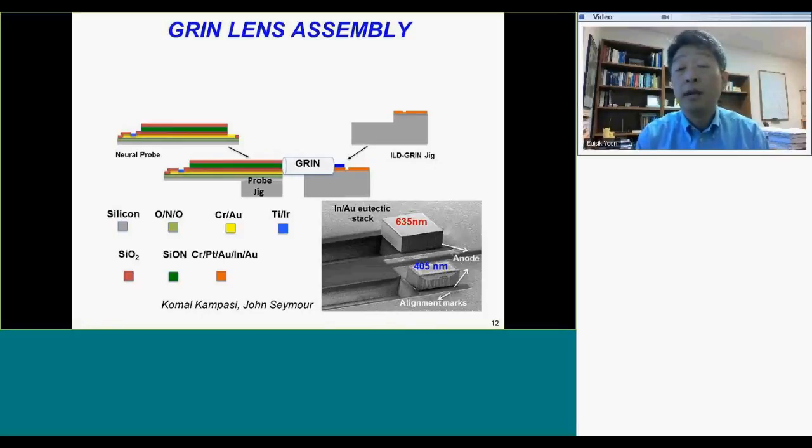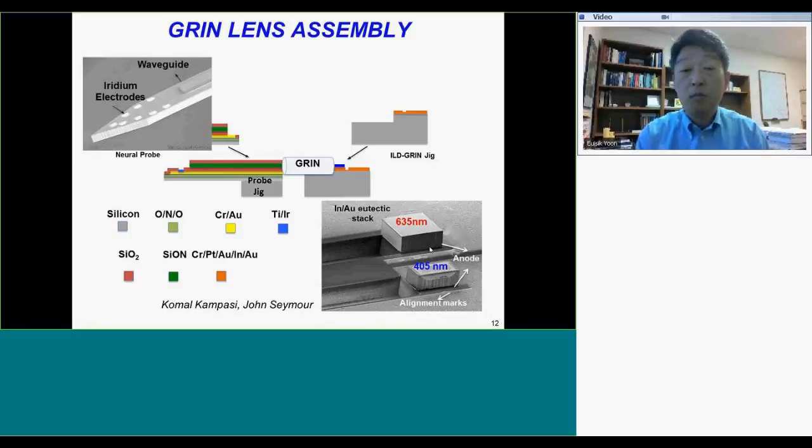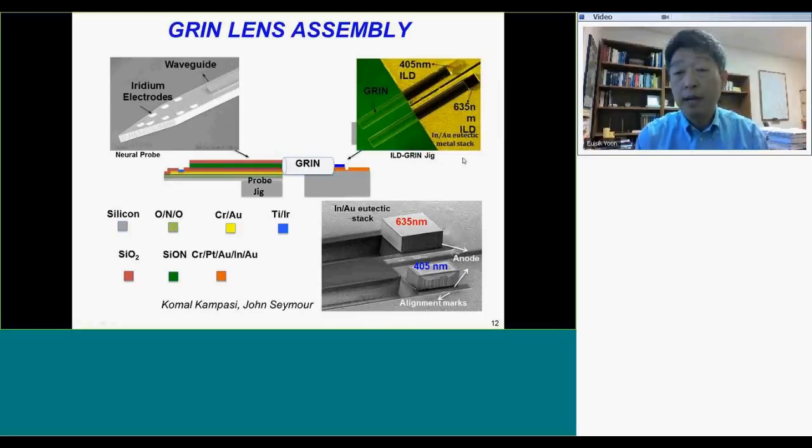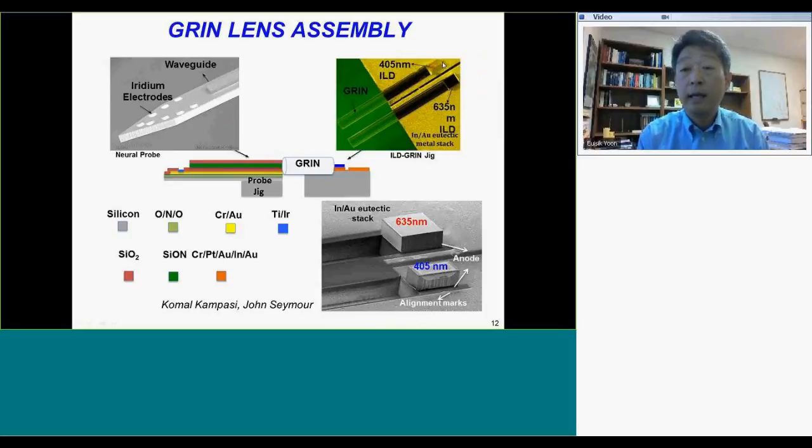This is the LD, and we put two LDs: one is blue, the other is red, 635 nanometer and 450 nanometer. Once we align the probe with the waveguide and the LD in the back, we can place the GRIN lens through this etched hole, and then we have a pretty good assembly process.